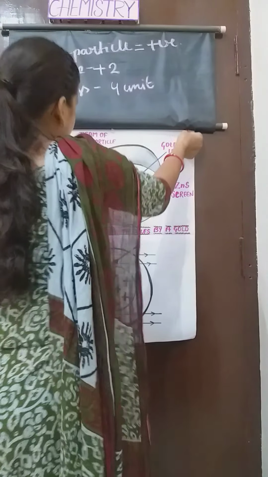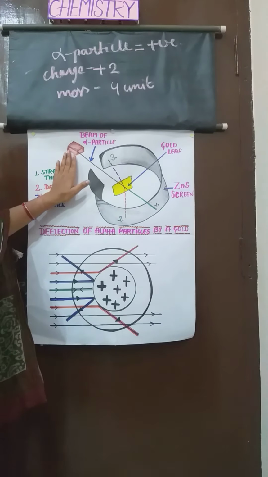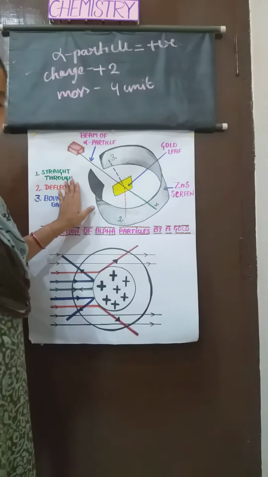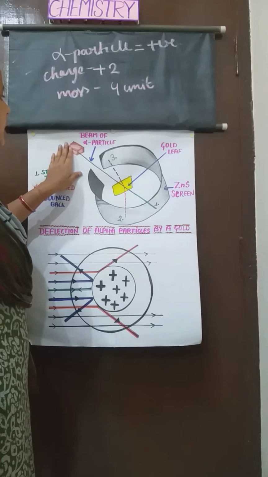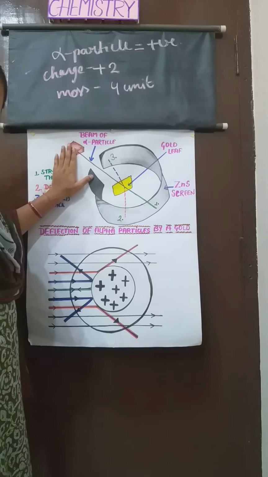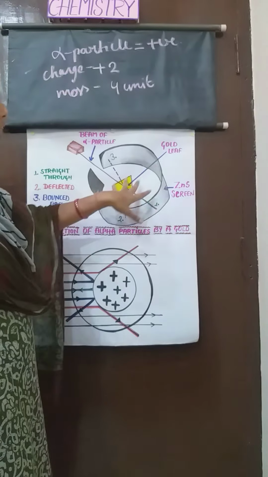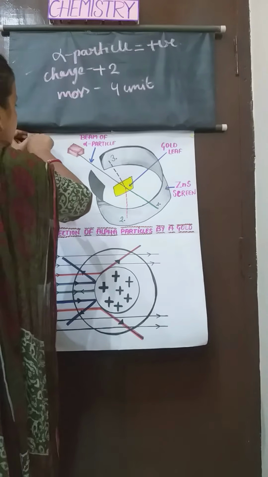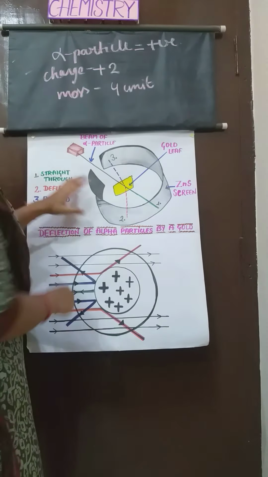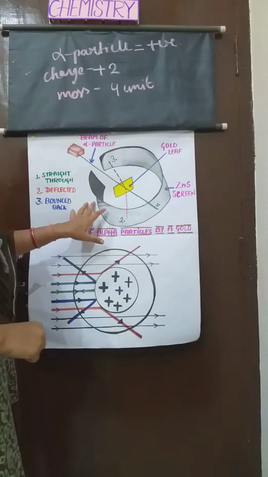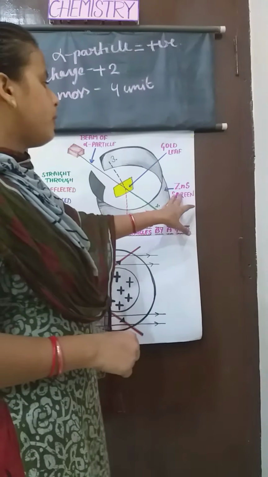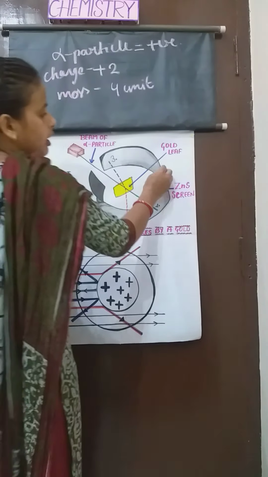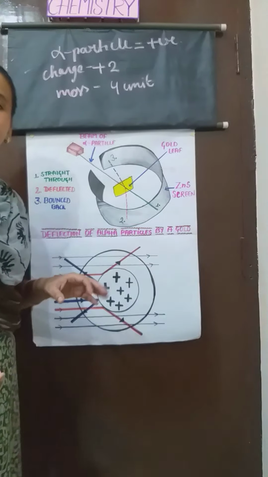Here you can see the setup of the experiment done by Rutherford, in which he took a beam of alpha particles, and this is the gold leaf, or thin gold sheet, and this is the zinc sulfide screen, through which they recorded everything.